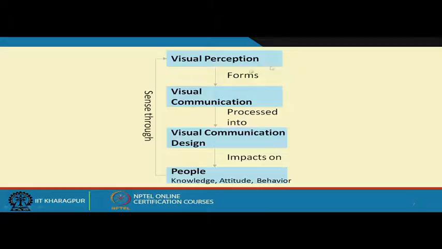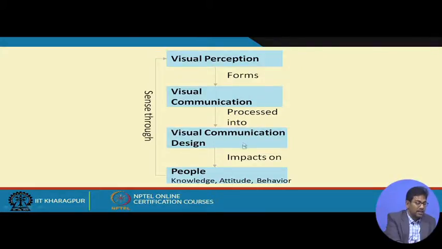Now, visual communication design has an impact on people, and the impact on people is in terms of knowledge, attitude, and behavior. So I repeat, the visual communication design has an impact on people, and the impact is on knowledge, attitude, and behavior.